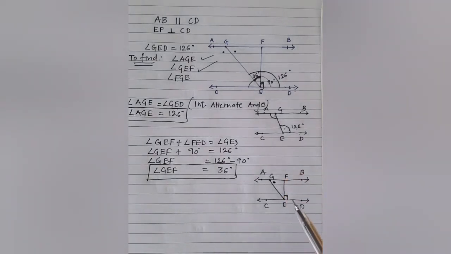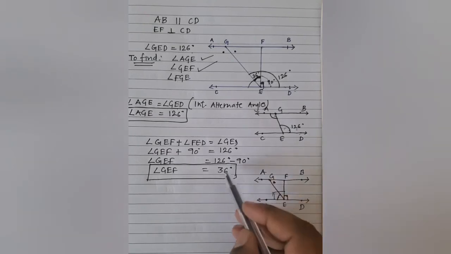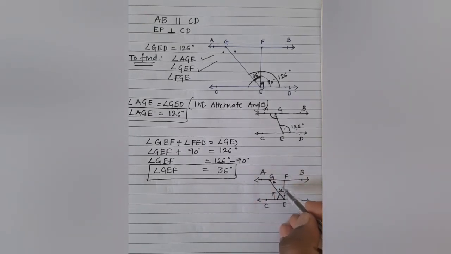Now, if I take GE as a transversal, these two angles should be equal. That is, angle CEA should be equal to FGE. But how would I get CEA? It's pretty easy. The whole is 90 degrees, because if this is 90, the other part is 90. And in the previous step, I found this particular angle to be 36 degrees.